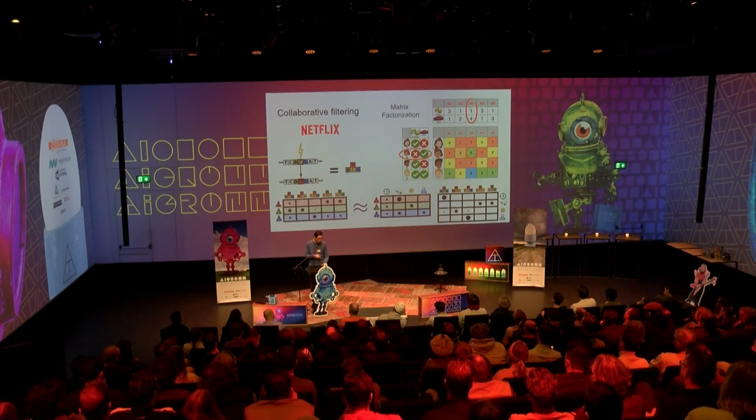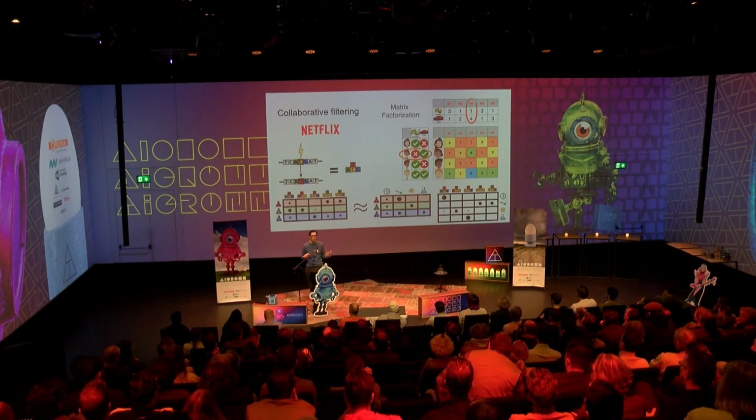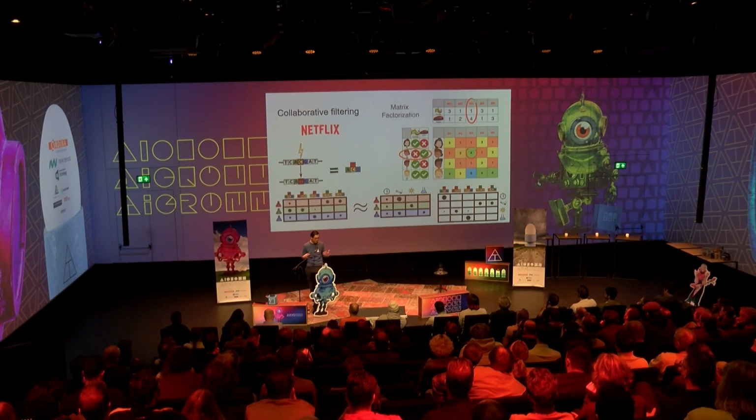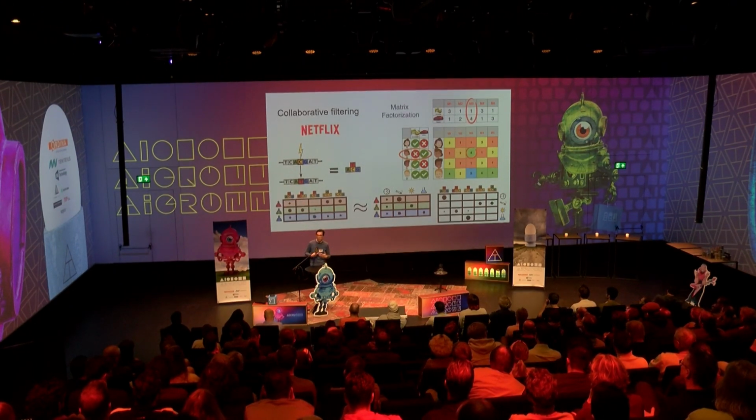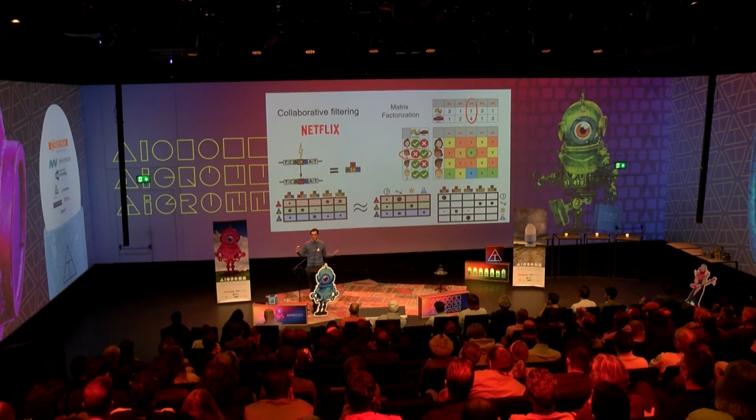So again, we have users, these are the people in red, green, blue, and we count how many of these mutations occur in the neighboring context. Then we factorize it into these different components. And it turns out that these components represent something that exists in real life.